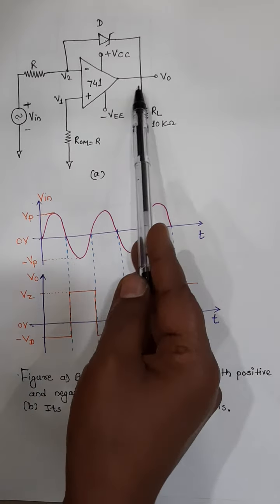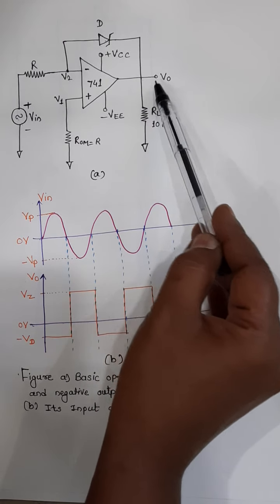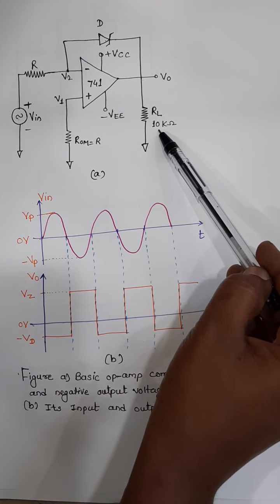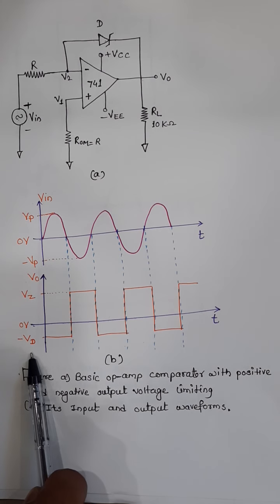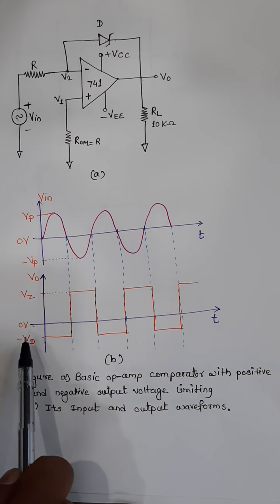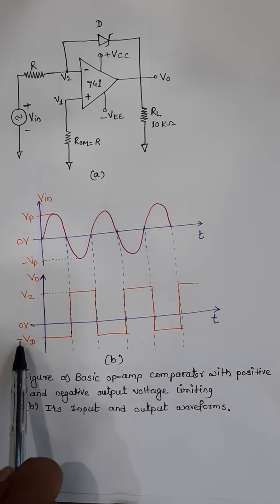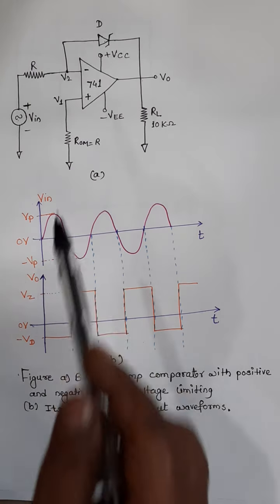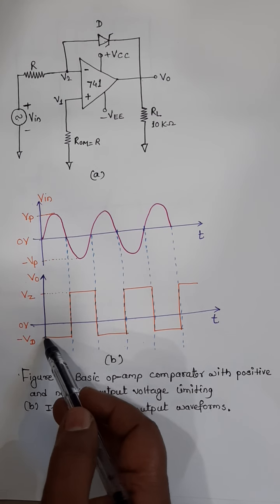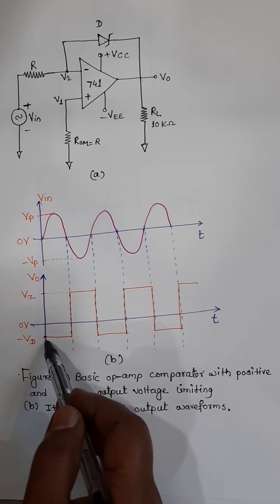Because this voltage is positive in this direction, and we are finding the output voltage across load resistor RL, output voltage is minus VD, or we can say 0.7 volt if it is a silicon diode. So during the positive half cycle, output will be limited to the rectifier diode voltage only, that is the VD voltage.